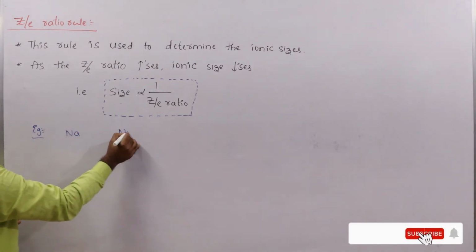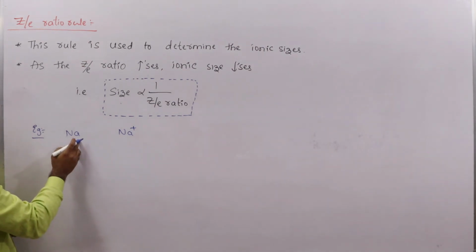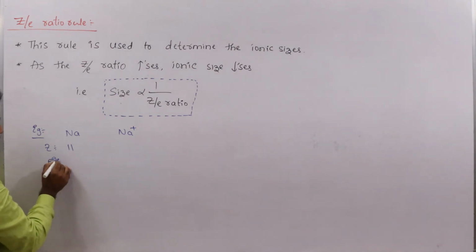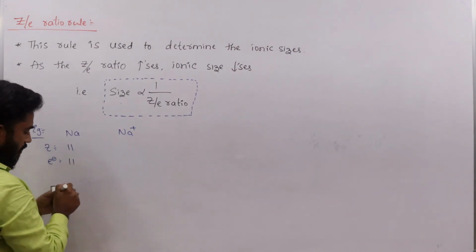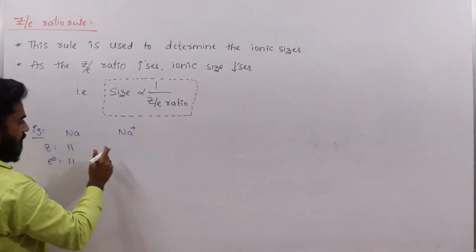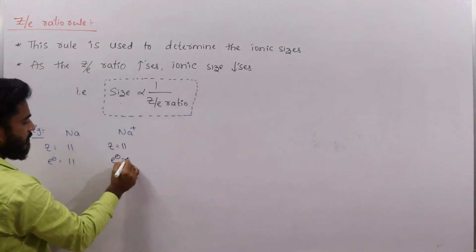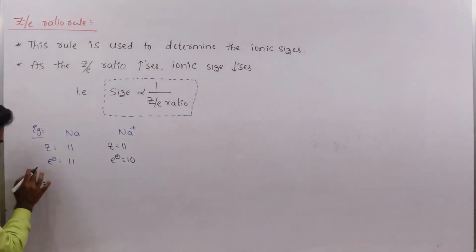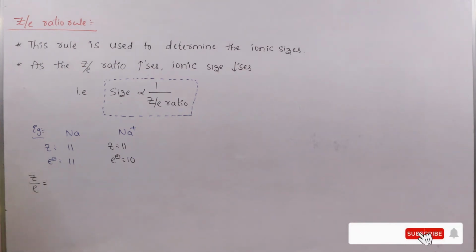If we take sodium, atomic number 11, the number of electrons in sodium is 11. For Na+, atomic number is 11 and number of electrons is 10. When you take the Z by E ratio, Z is the atomic number and E is the number of electrons.